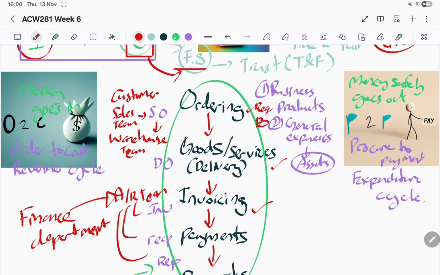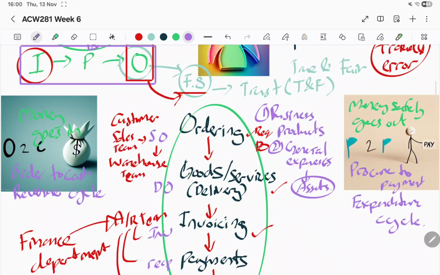So let us talk about who enters these transactions, right? It might be from the production team. It might be from the purchase team.